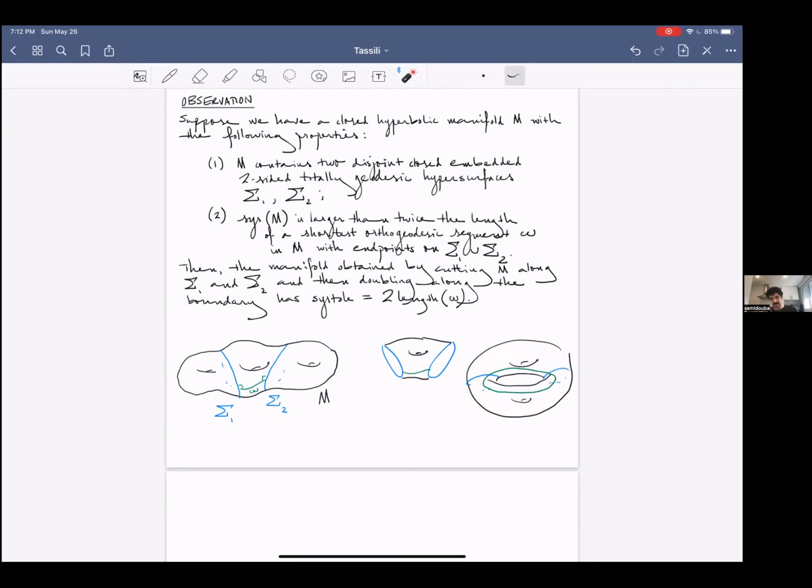Because we assumed M had very large systole. On the other hand, if it does cross blue, then there are at least two segments on each side, and I can pull each of them tight. Once we tighten, we get something of shorter length, and it will have length at least the length of omega, because it's an orthogeodesic. So if a geodesic crosses blue, it has to have length at least twice the length of omega. Is the observation clear?